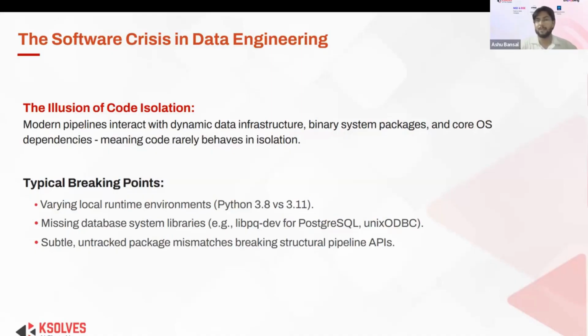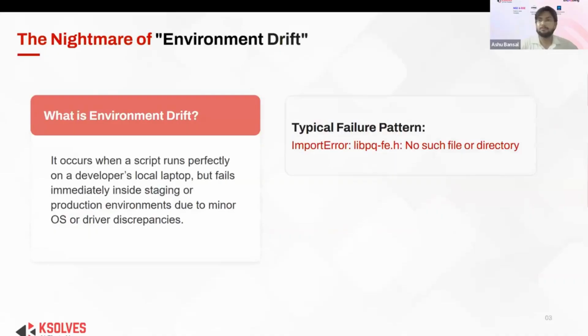But if you do the same thing with Docker, there is no chance that it will break because you'll be isolating everything in a container, so there is nothing outside of that. The nightmare of environment drift for any developer or data engineer: environment drift occurs when a script runs perfectly on a developer's laptop but fails immediately inside staging or production. This is the same thing that I explained in the previous slide. This is the software crisis and this is the nightmare of drift.